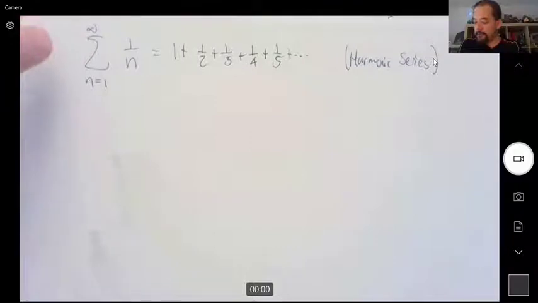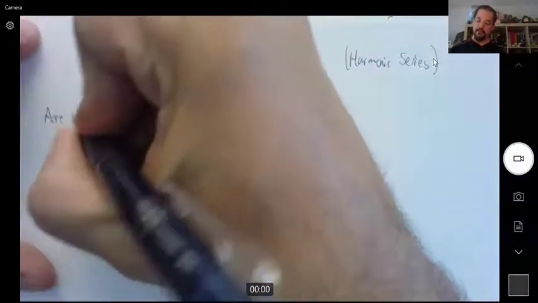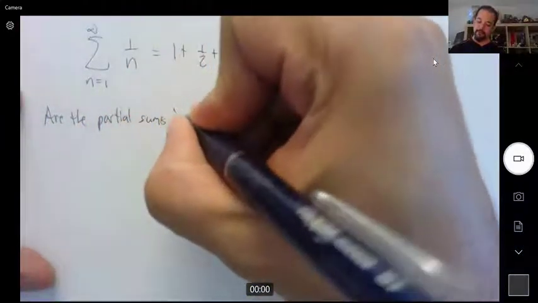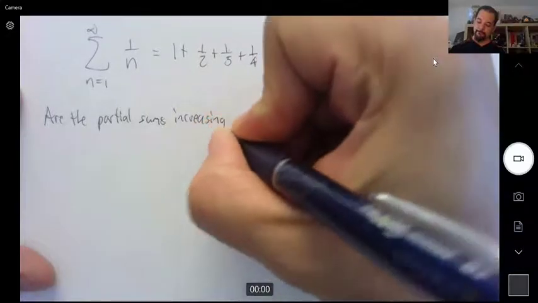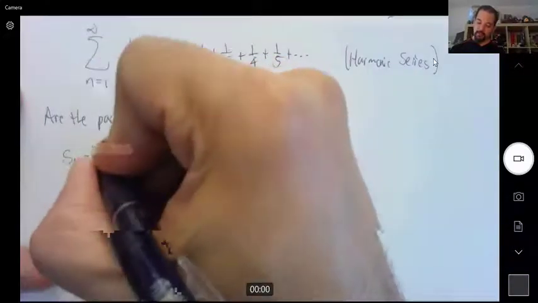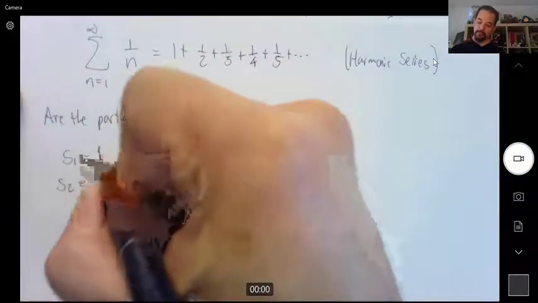Now, let me ask you something. When we look at the partial sums, are they going to be increasing? Yes, you bet. The answer is yes, and you can tell. S1 is 1, S2 is 1 plus 1/2.